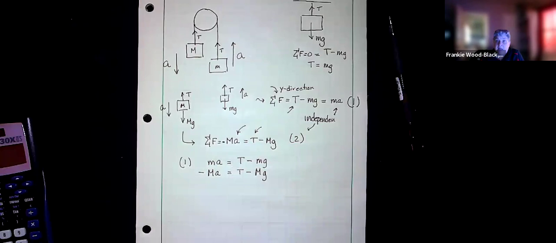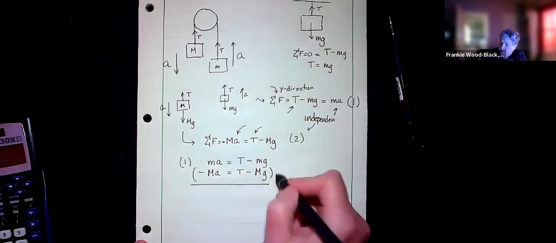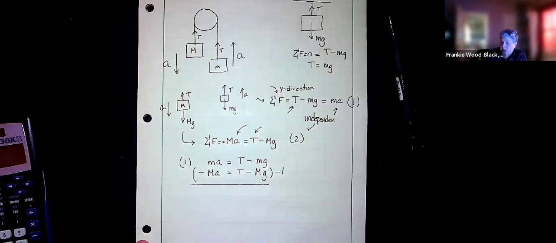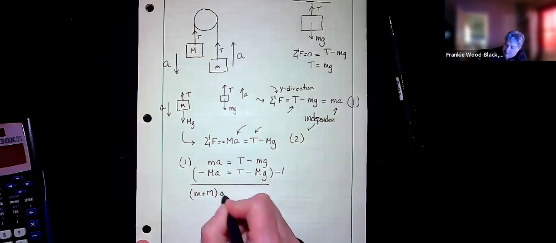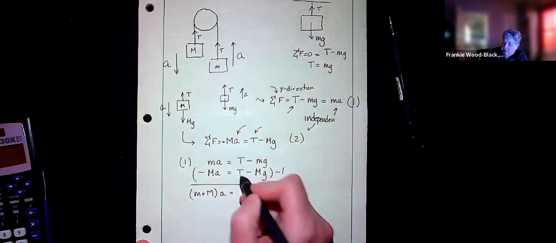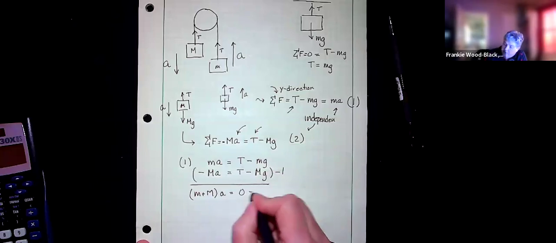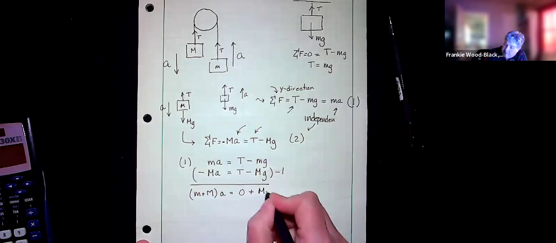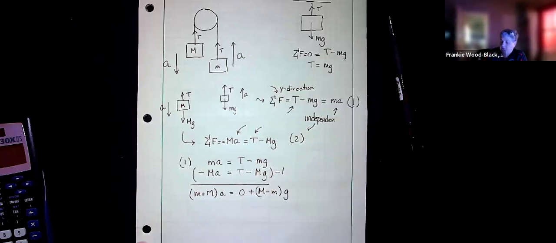I can do a mathematical trick. I'm going to multiply this by minus 1. And that says I have little m plus big M times acceleration is equal to T minus T, which is 0, and now I have plus big M minus little m times gravity.